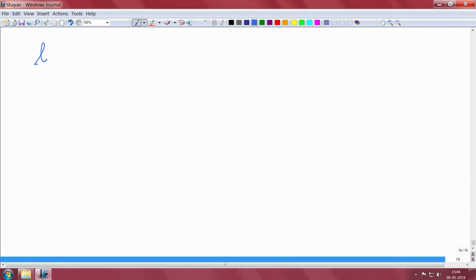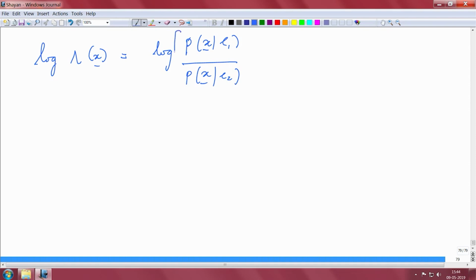Now, the log of lambda x, recall lambda x is our likelihood ratio, and we take the logarithm of lambda x, right. This is log, just write it again carefully, P of x given C1 against P of x given C2, we take the log of this likelihood ratio.